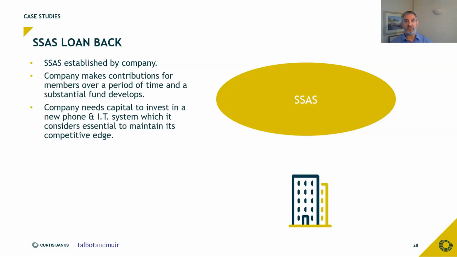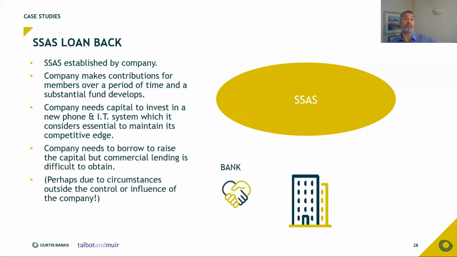However, at some point in the future, the company needs a capital injection, a bit of cash. In my example, it might be to install a new phone system or an IT system. It could be to acquire new plant, machinery, lorries, etc., whatever the requirement is for cash. The default solution might be to approach a bank or some other lending institution.